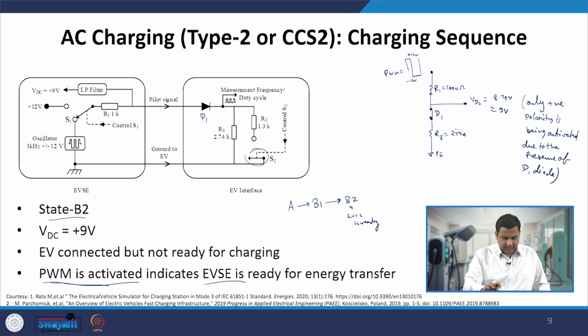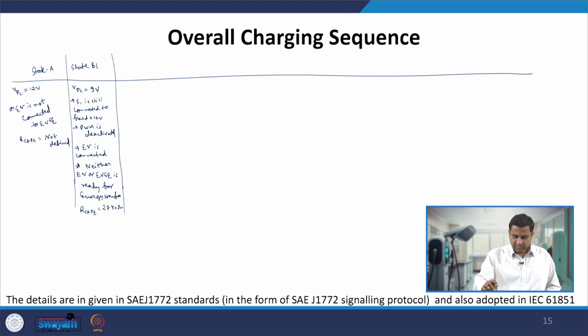You can see in state B1, between the CP pin, this is the control pilot pin, and the PE pin, it is nothing but 2740 ohm resistance which is coming in.